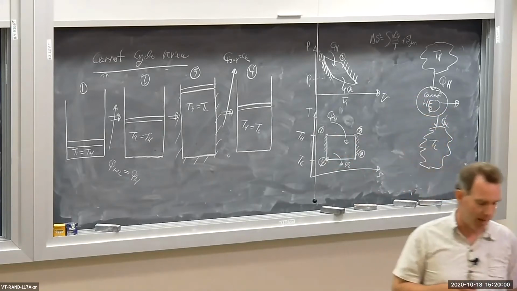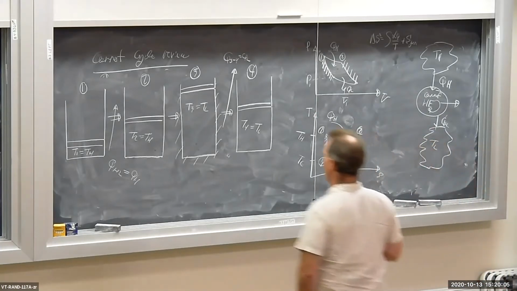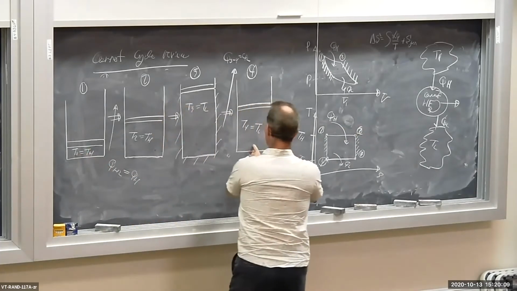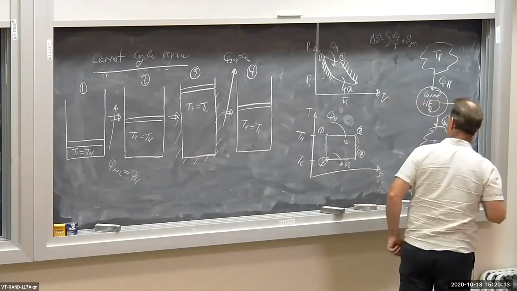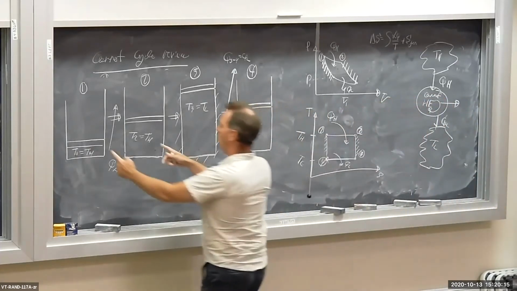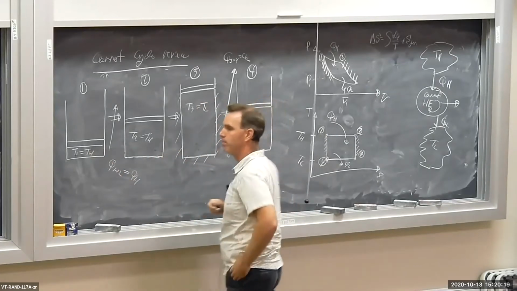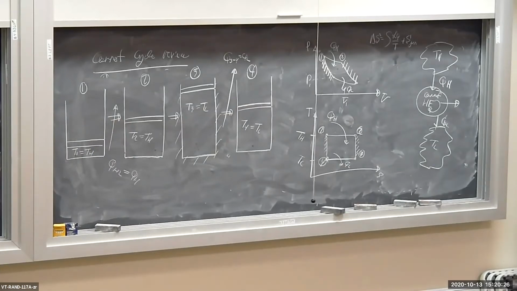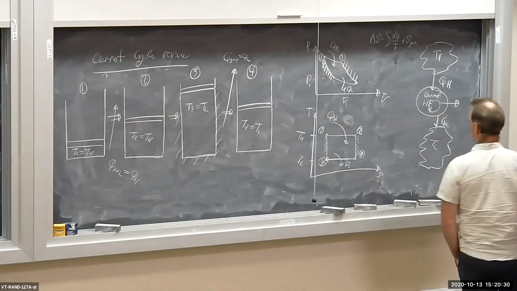That gets us back to state 1. So 2 isothermal processes, 1 to 2 and 3 to 4, and then 2 adiabatic expansion or compression processes make up the Carnot cycle.